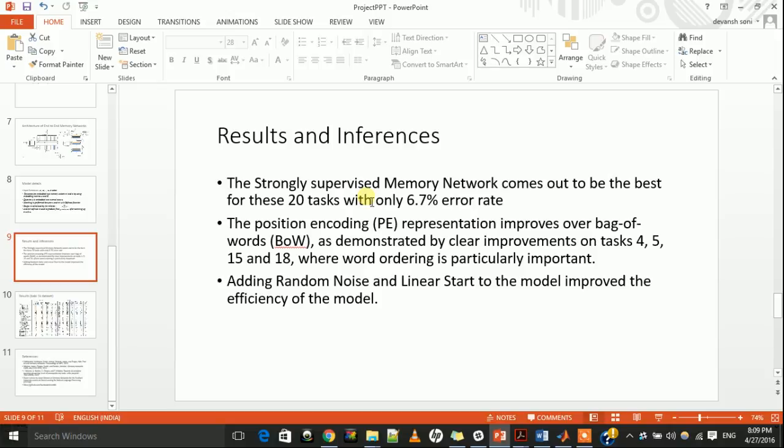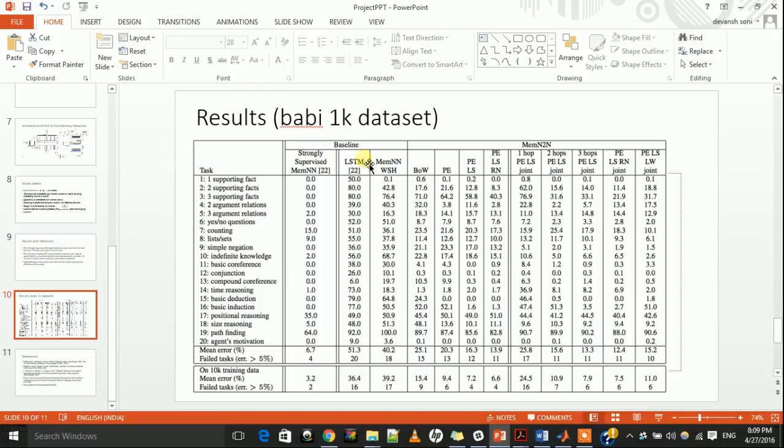By running this algorithm over a lot of models, we understand that the strongly supervised memory network is the one which gives the minimum percentage of error, which is 6.7%, and the least tasks failed, only 4 tasks, as compared to the unsupervised or weakly supervised models, such as PE LS RN, which gives 11 failed tasks and 13.9% mean error.